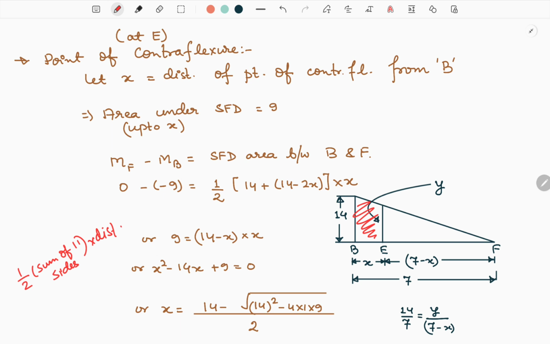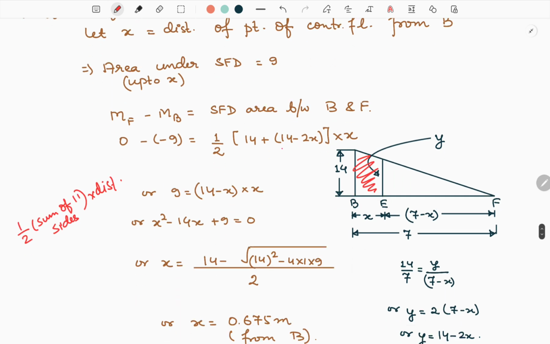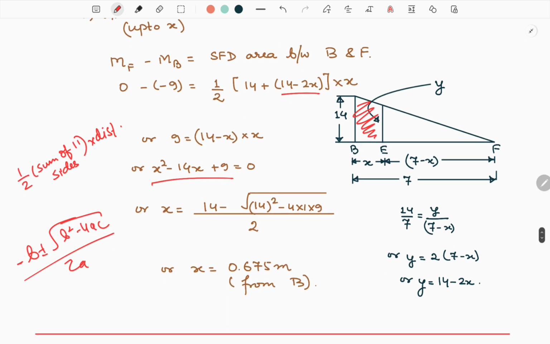Okay, so here one side is 14, other side can be calculated by a similar triangle, and we will get it as 14 minus 2x. And by solving this and cross multiplying each other, we will get a quadratic equation. And by solving with the standard formula, minus b plus minus under root b square minus 4ac upon 2a, we will get a value of x as 0.675 meter.